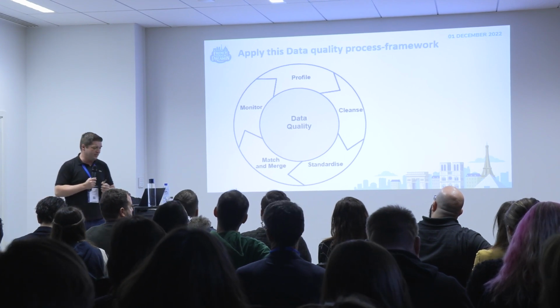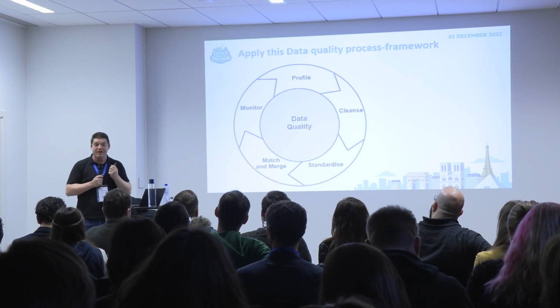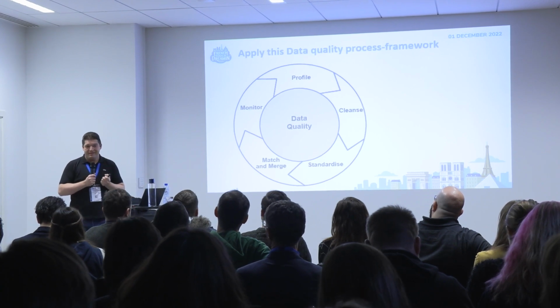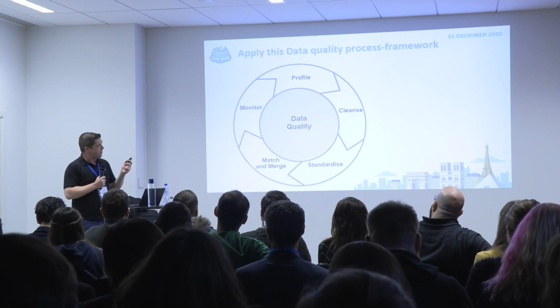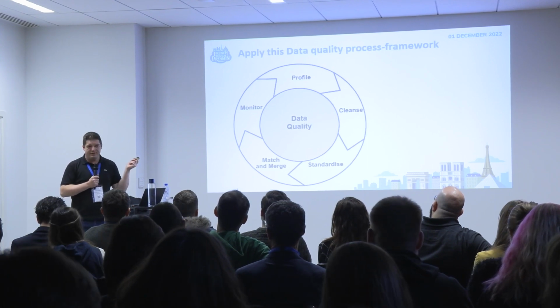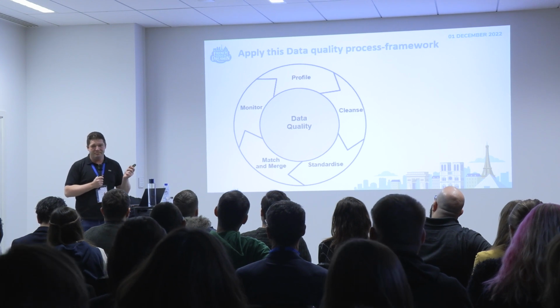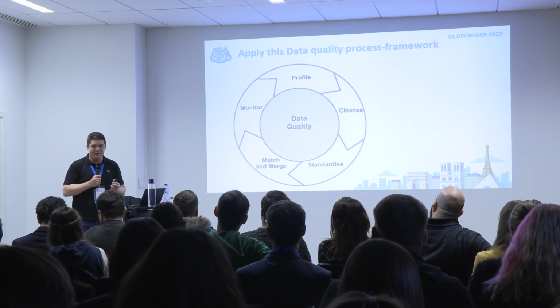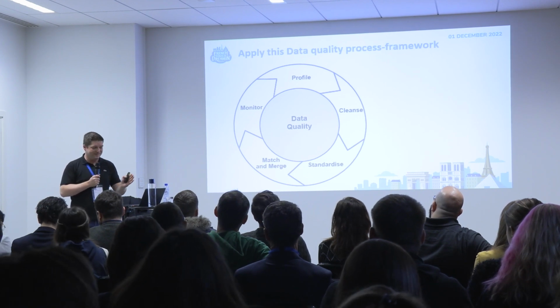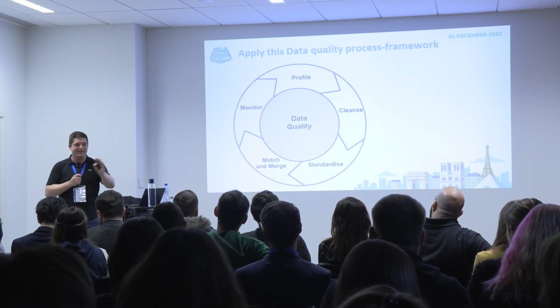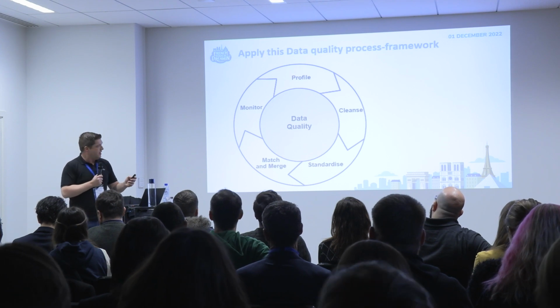An easy example: account data and who's my customer, where's their office. If, for instance, the country field is not filled, or it's badly filled, or the addresses are a mess, then you can group those. These are all good, these are all bad, then you focus on the bad stuff.